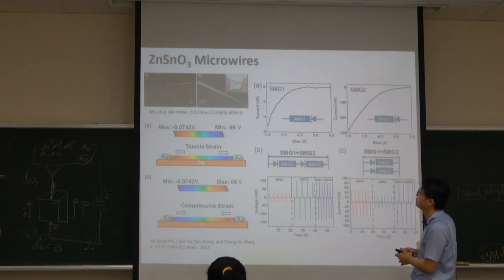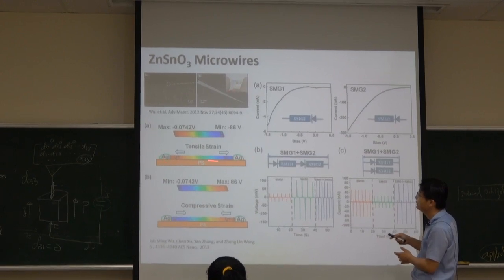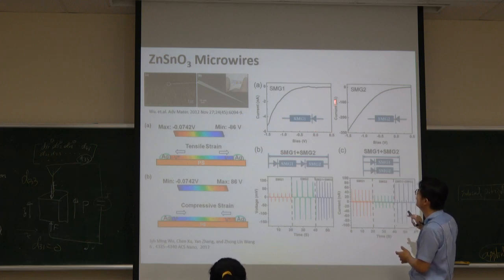This is the output. In the output sample you can see both sides are silver electrodes. Here is an IV curve, with a zero almost right here.